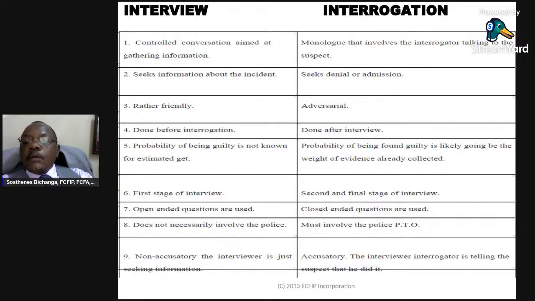This is where they will even slap the suspect or the hostile witness in order to give information. It is hostile because it is adversarial, because the investigator is like saying that you are guilty of the offense under investigation. This is where the subjects of the interrogation sweat very profusely and cry.